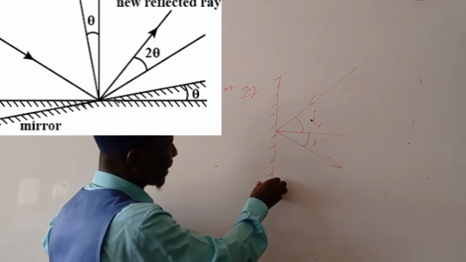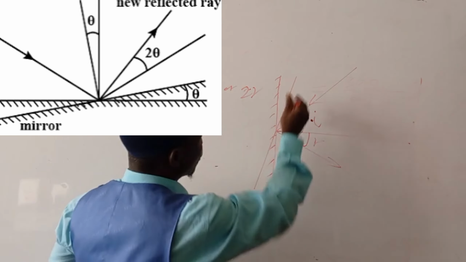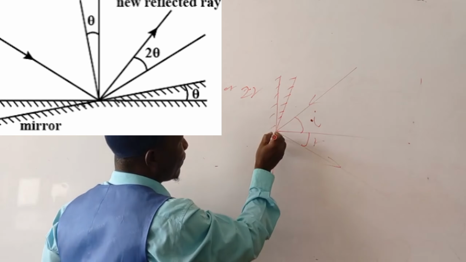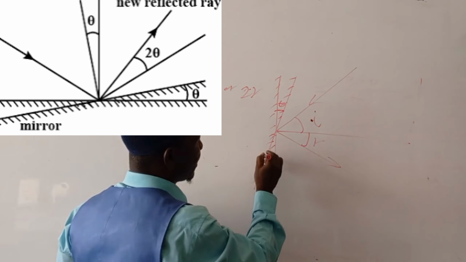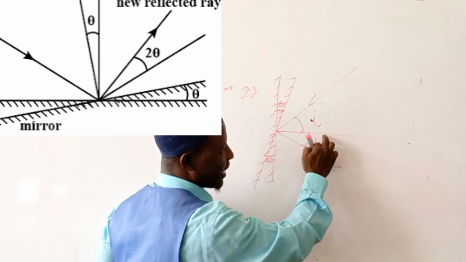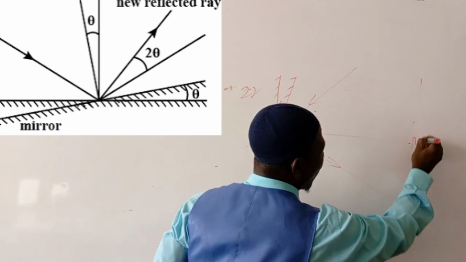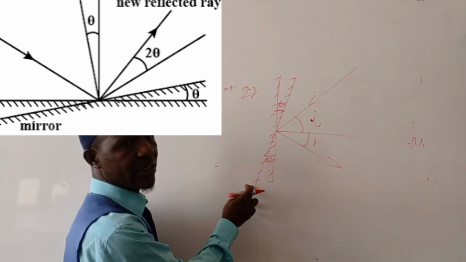Now let's rotate this mirror through an angle theta. So this is a new mirror now, and this is the angle of rotation. This one too, angle of rotation. In that case, our former normal, let's call it N1, cannot serve as the normal for this mirror again.